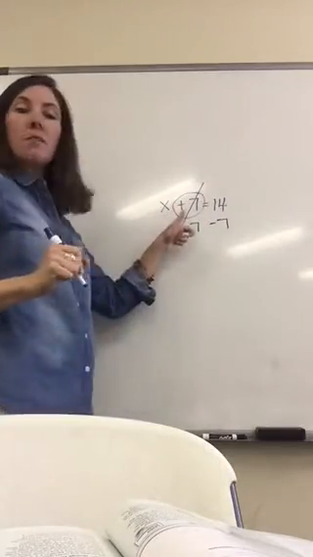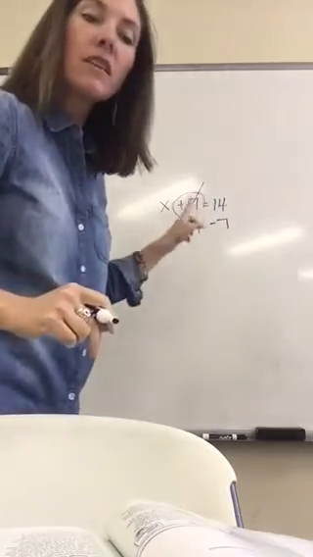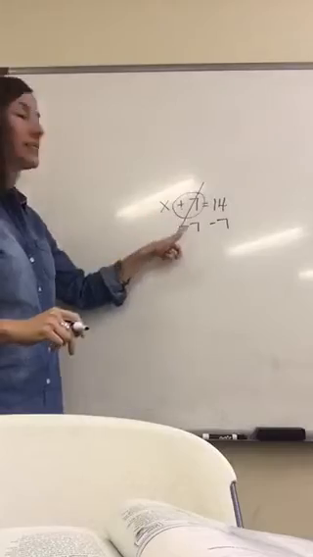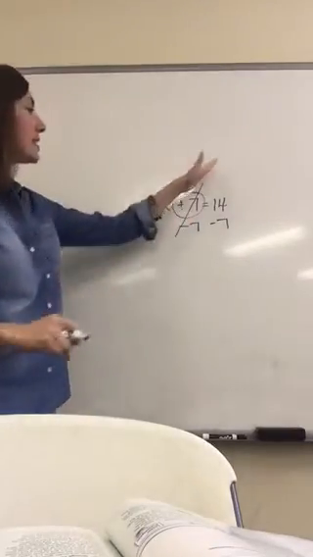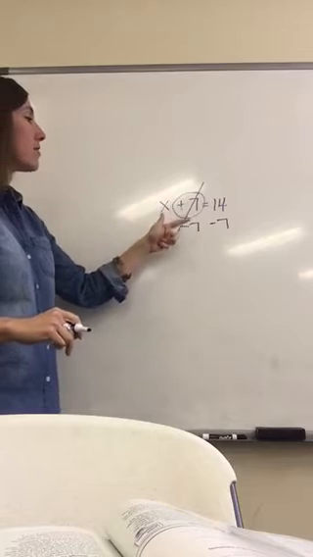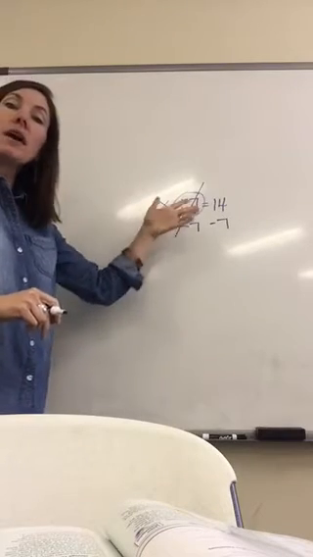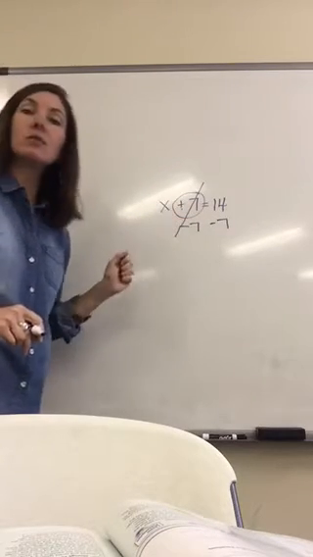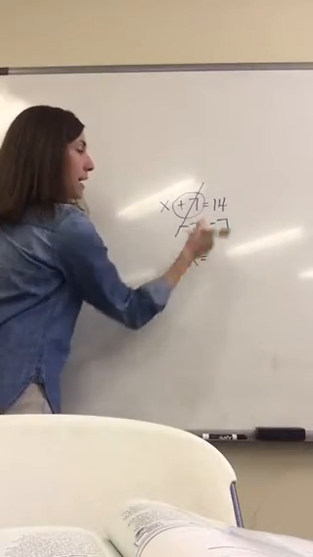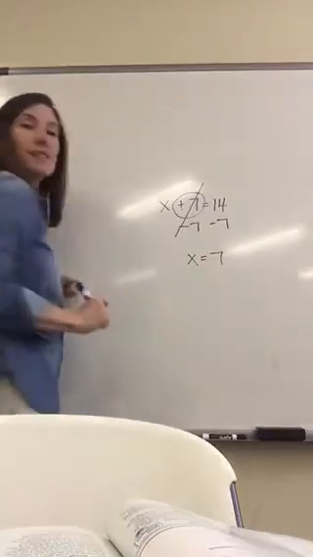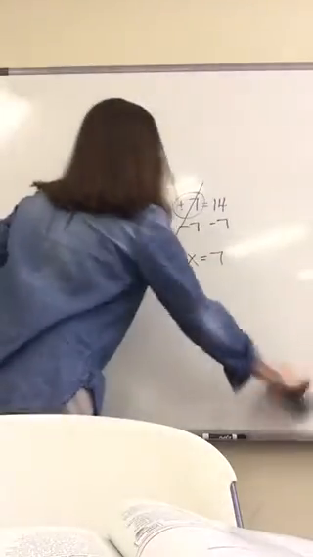This is what they were talking about when they said, recall that the sum of a number and its opposite is equal to 0. So this gets canceled out because +7 and -7 equals 0. So now we're left with x equals 14 minus 7 over here, which is 7. All right, that's all they're talking about there.